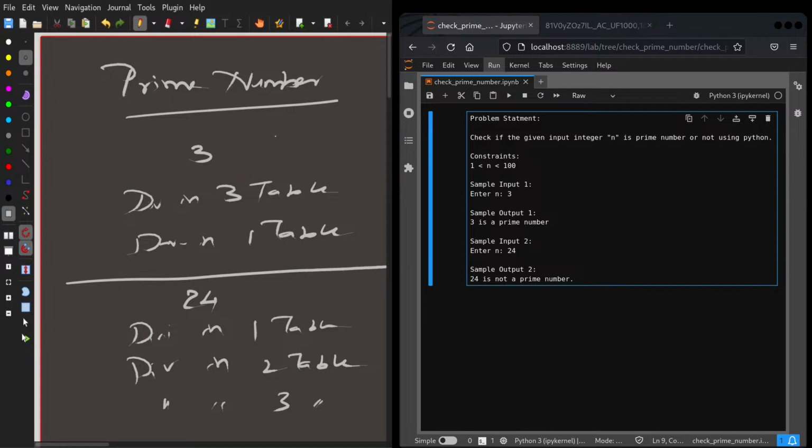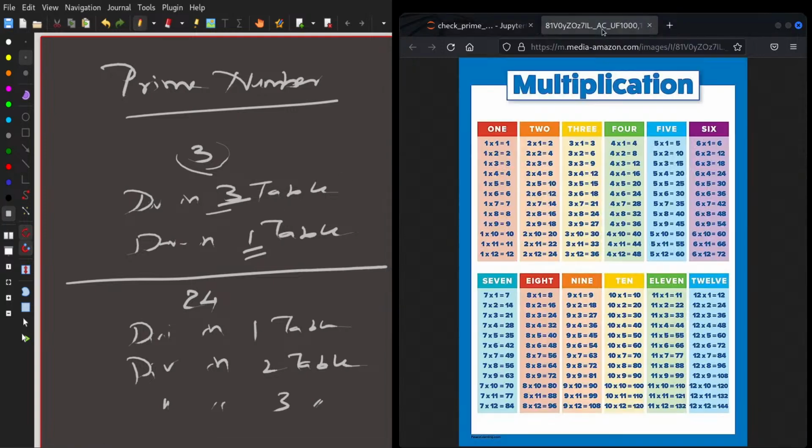So the condition that differentiates prime from non-prime numbers is that a number is divisible only by itself and 1. Here in this first scenario, 3 is divisible by itself and by 1, because 3 goes to the 1 table also. Here you can see in this multiplication table, 3 goes to the 3 table as well as the 1 table.